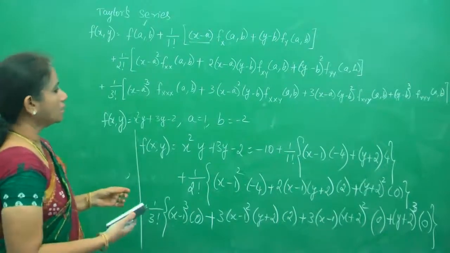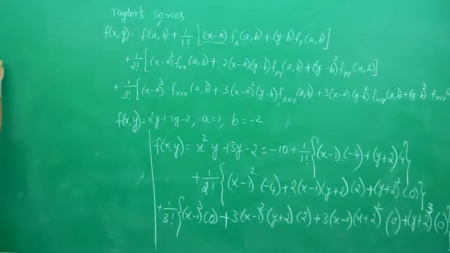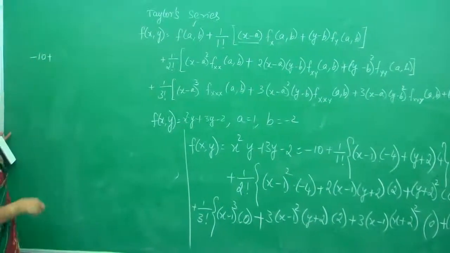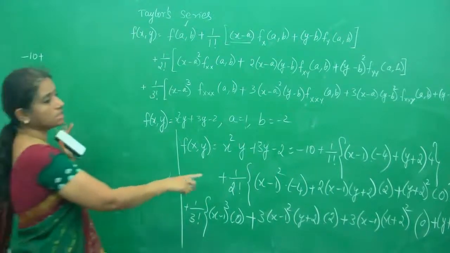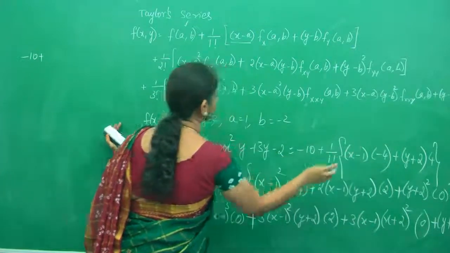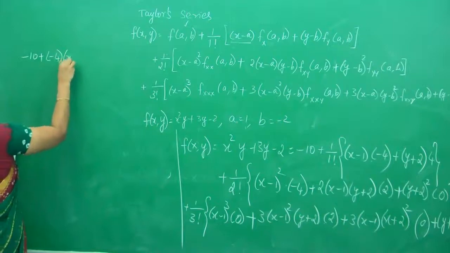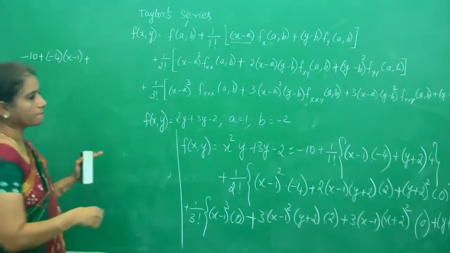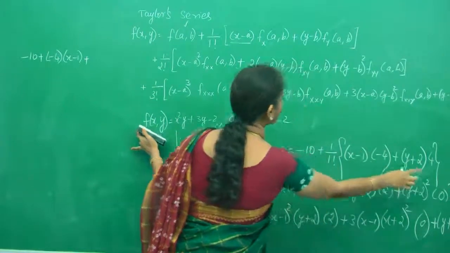Okay. Please listen to me how I am simplifying. So this is negative 10, nothing to do there, and 1 by 1 factorial is 1, so no need to worry. So this is minus 4 into x minus 1 plus 4 into y plus 2.